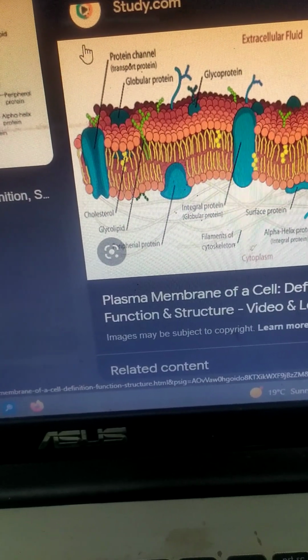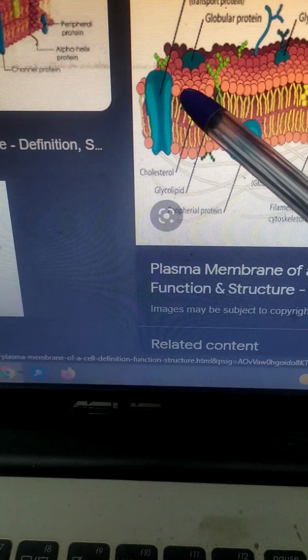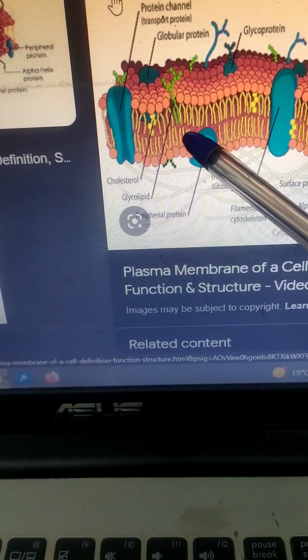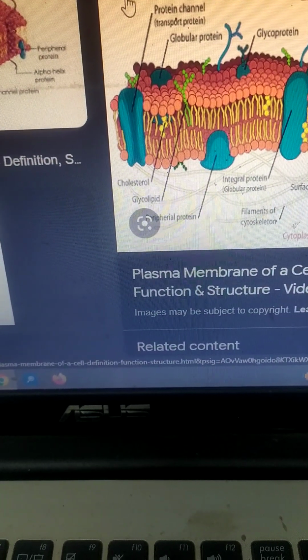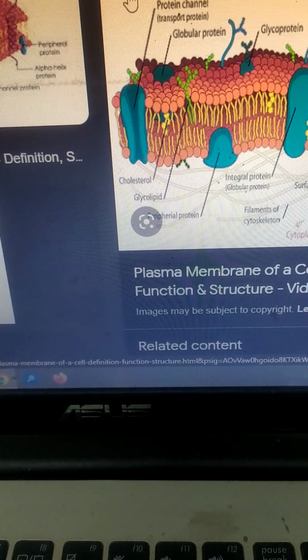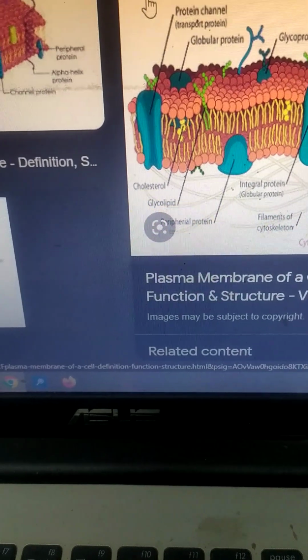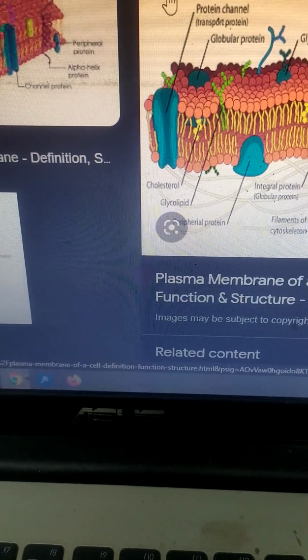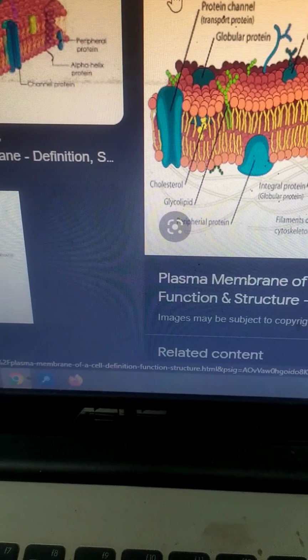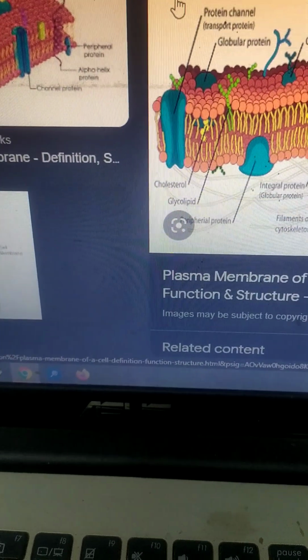There are types of phospholipids present on the outer surface of cell membrane. On the outer leaflet are phosphatidylcholine and sphingomyelin. And the phospholipids which are present on the inner membrane are phosphatidylethanolamine and phosphatidylserine.